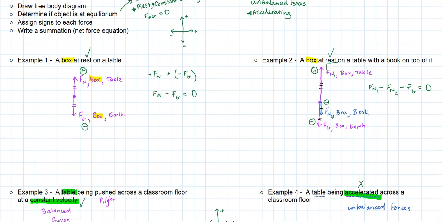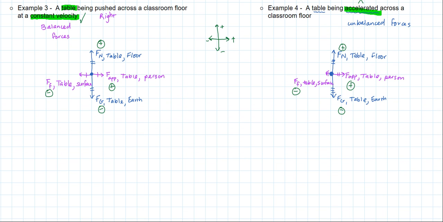Now let's get to the situations where we have more than one dimension. In this case, what we need to do is write a net force for the horizontal, and we also have to write a net force for the vertical. Now you can put x and y, or h and v, it doesn't matter, as long as you're consistent.